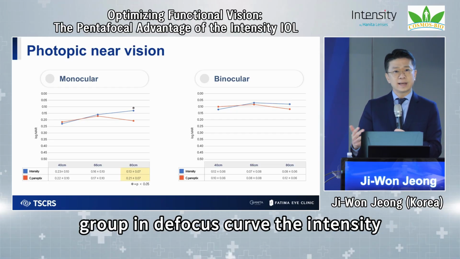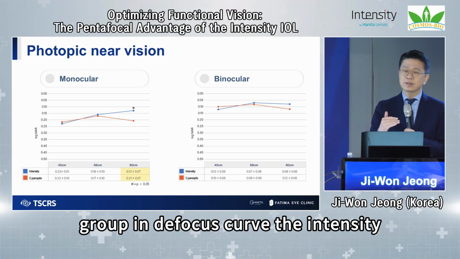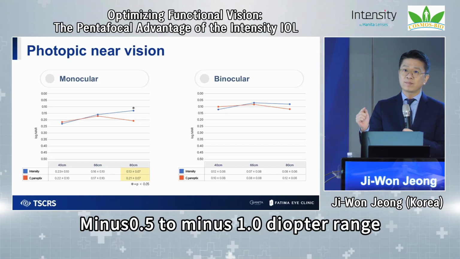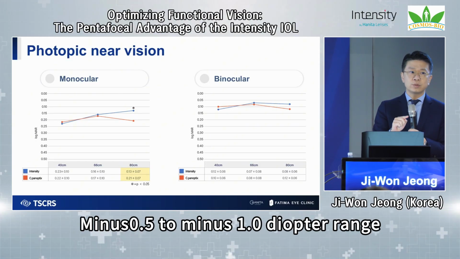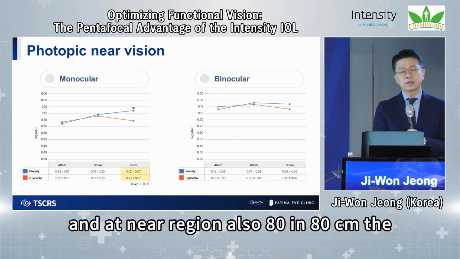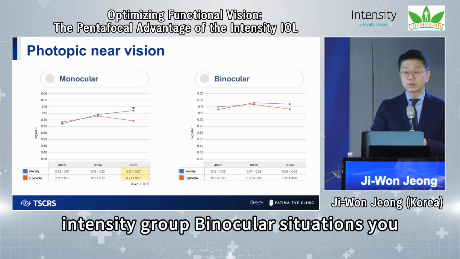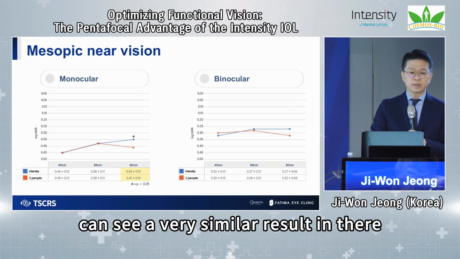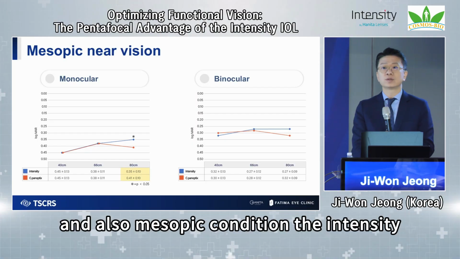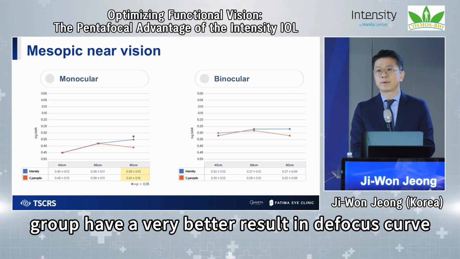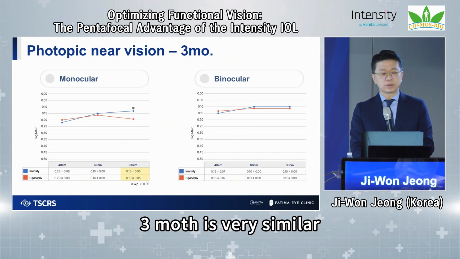In the defocus curve, the Intensity group has better results in the minus 0.5 to minus 1.0 diopter range, and at 80 centimeters the better results were also revealed in the Intensity group. In binocular situations, you can see very similar results. Also in mesopic conditions, the Intensity group has better results at the 80 centimeter distance. The 3 months results are very similar.